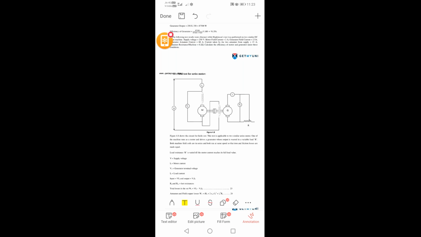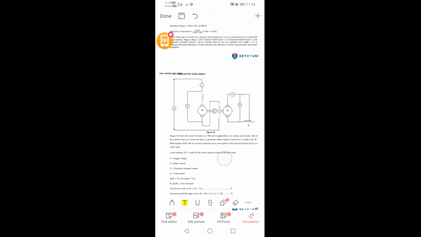Because when the field windings are connected in series, we can easily say that the two resistances are additive in nature. When they are additive, the two machines have the same speed, so that iron and friction losses are made equal. So iron losses, friction losses అనేవి రెండు కాన్స్టెంట్ లాసెస్ అన్నమాట. సో ఎప్పుడైతే రెండు సేమ్ స్పీడ్ లో రొటేట్ అవుతాయో, then these two losses are the same.